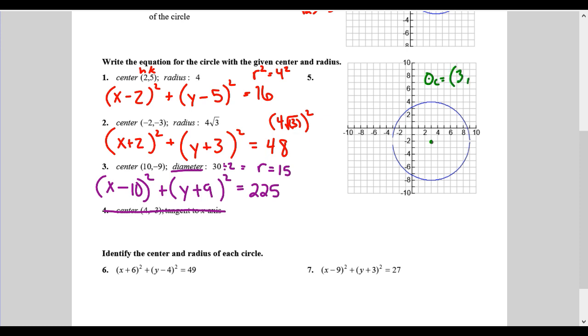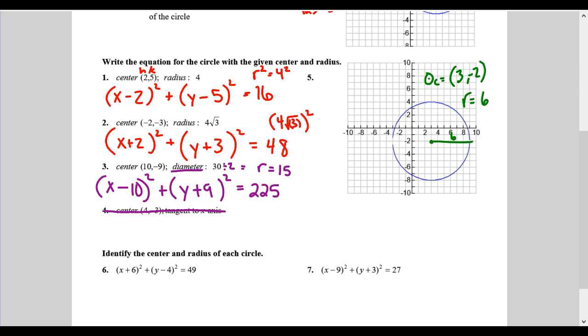Good. So 3, negative 2 is my center. And then what's the radius of this circle? We can just count straight up, straight down, straight left, or straight right. Straight right. What is it? 6. So 1, 2, 3, 4, 5, 6. So my distance here is 6.